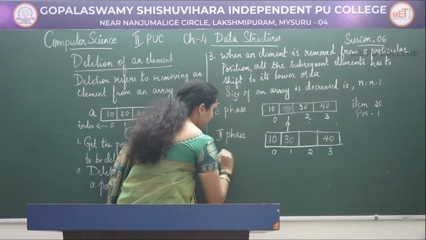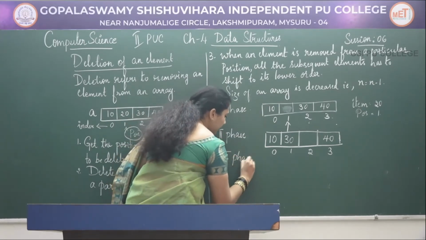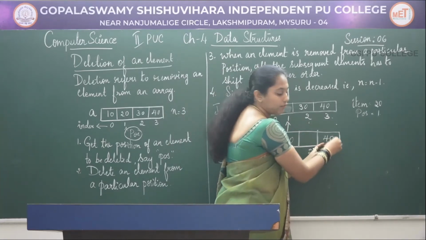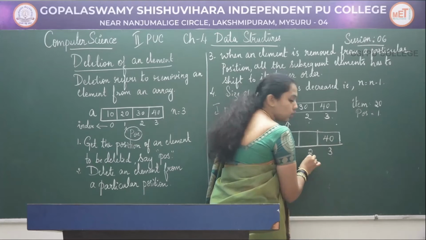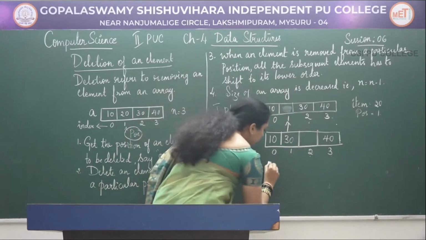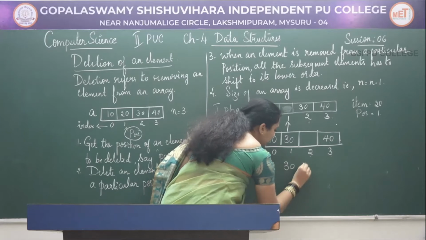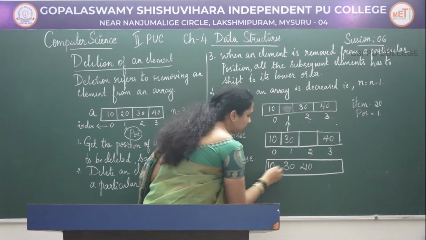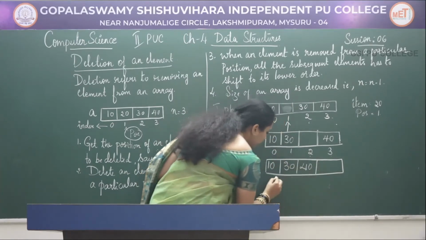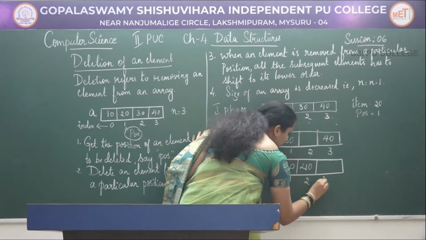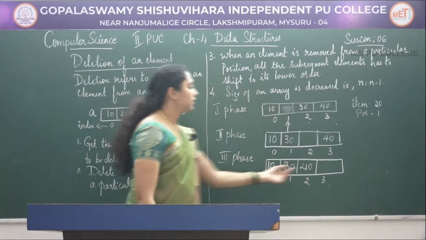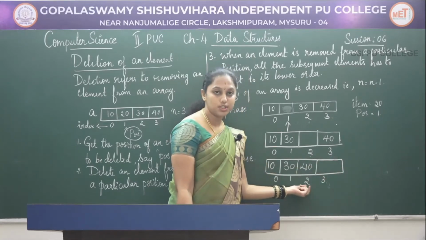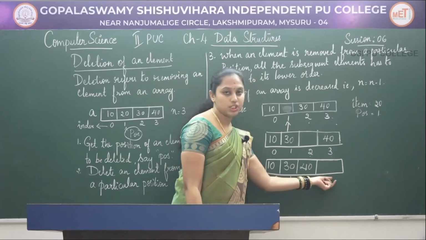In the third phase, I am going to shift the element 40 from position 3 to position 2. See, I have shifted the element 40 from position 3 to position 2. Now, this position is empty.